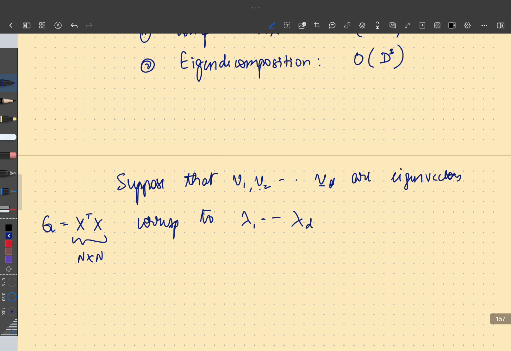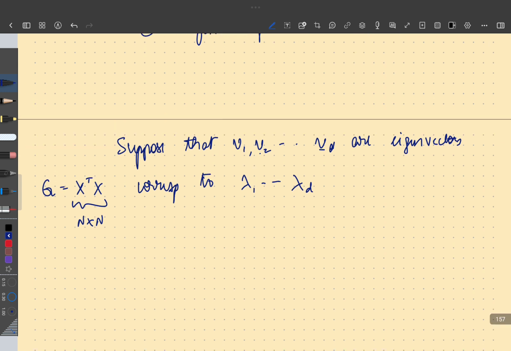Anyway, that aside, suppose that V1 through Vd are eigenvectors corresponding to lambda 1 through lambda d for the matrix X transpose X. Then what can we say about X times Vi? Let me take X times Vi and multiply this by X transpose.